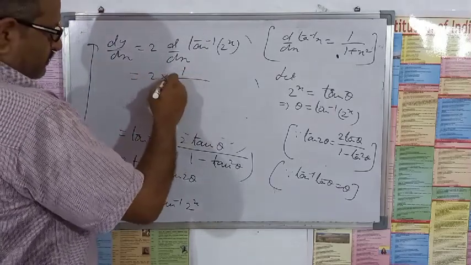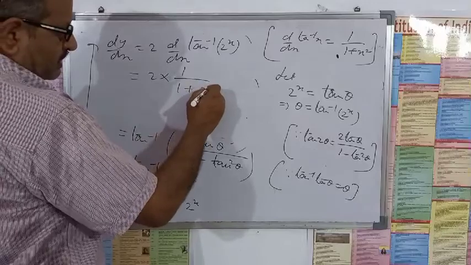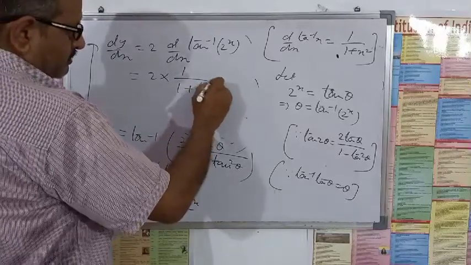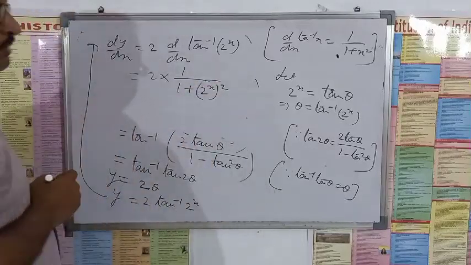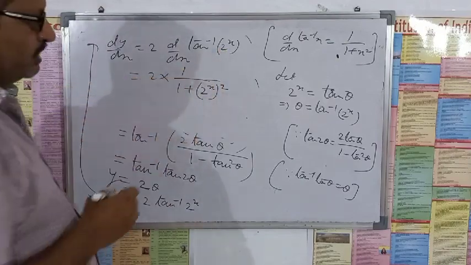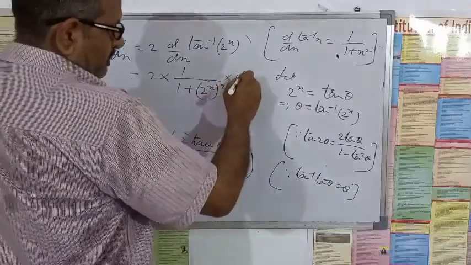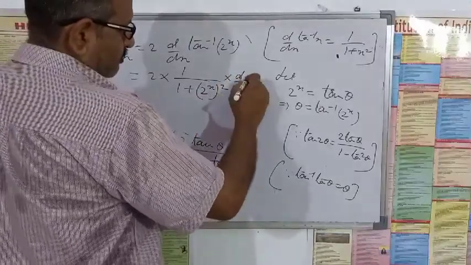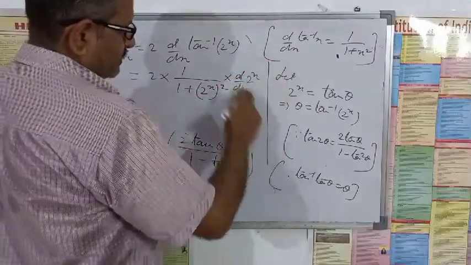1 upon 1 plus x square means 1 upon 1 plus 2 to the power x whole square. X is 2 to the power x here, so 1 plus 2 to the power x whole square into d by dx of 2 to the power x.